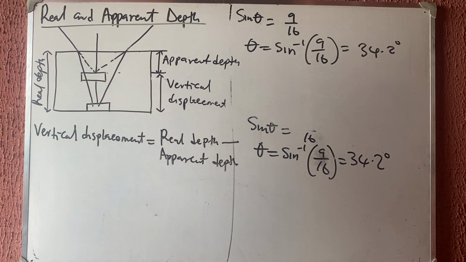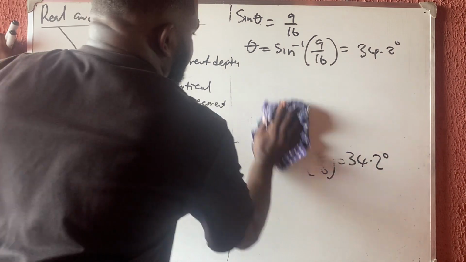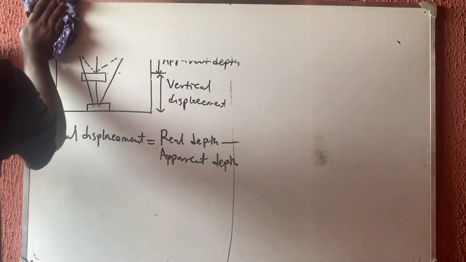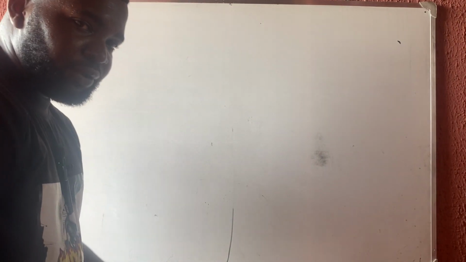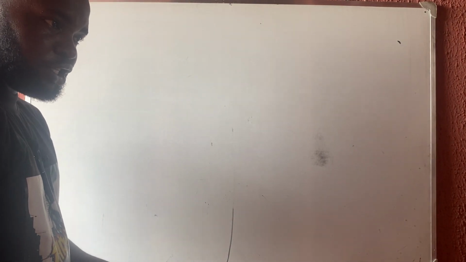So let us now solve some questions to illustrate what we have just learned. You have known what apparent depth is: when the ray of light passes through the water, if you put something inside the water and look at it, you will see it as if it is closer.